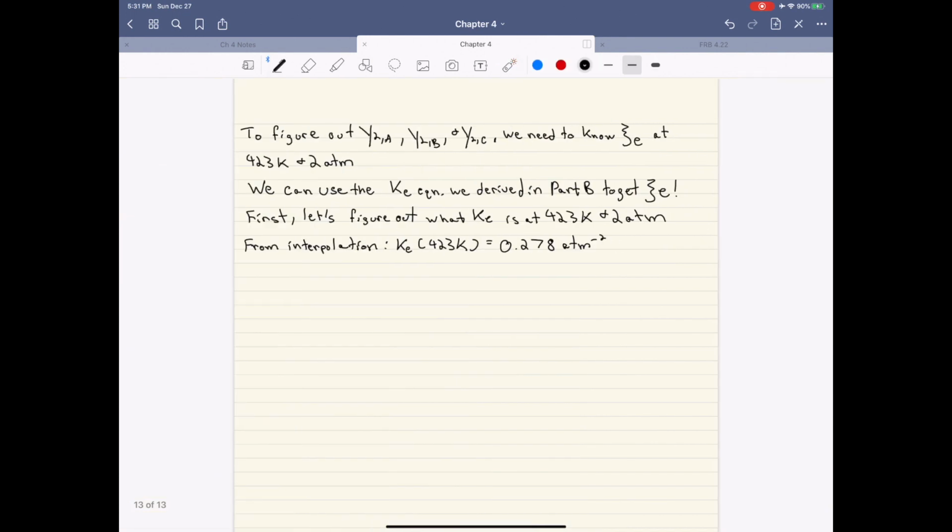So let's do that. So we could plug in the equilibrium constant that we just calculated, and we'll now set it equal to that equation we derived. Okay.